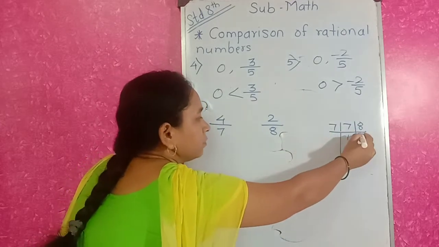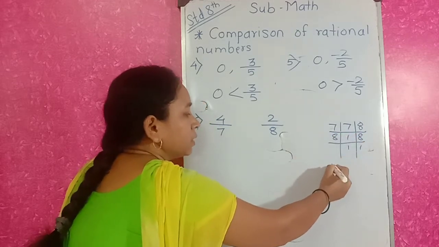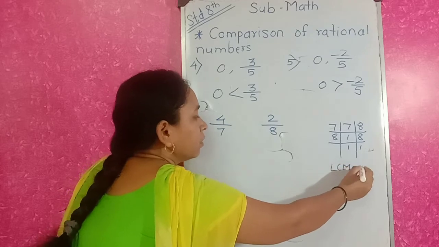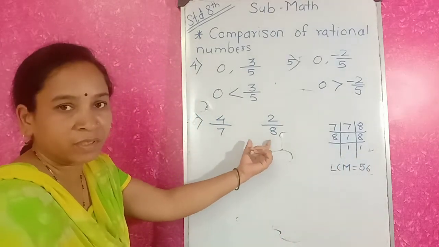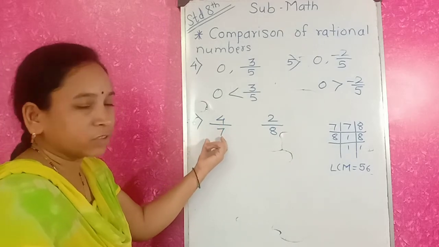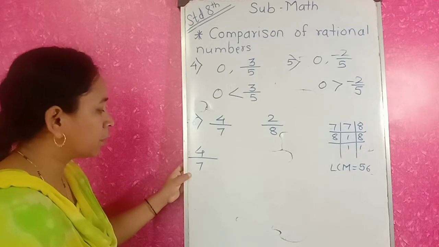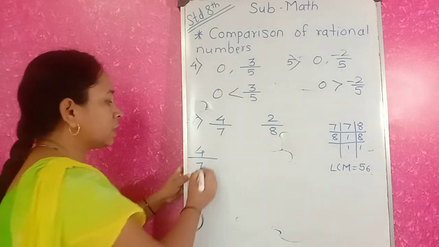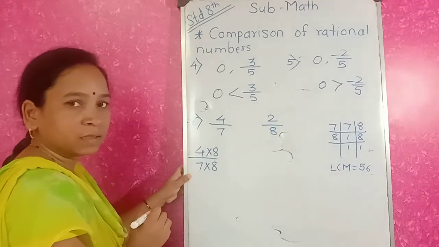By 7, here by 8: 7 8s are 56, so the LCM would be 56. That means 56 can come in 7's table and also in 8's table. So by which number should I multiply to get 56? 8. So the numerator also by 8.